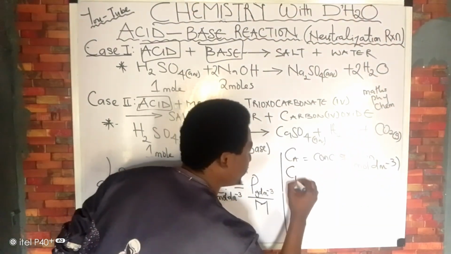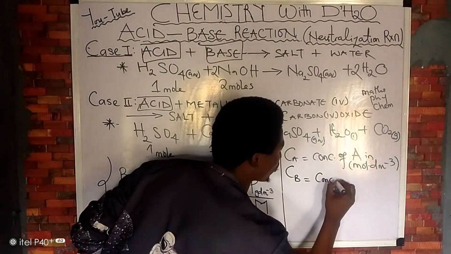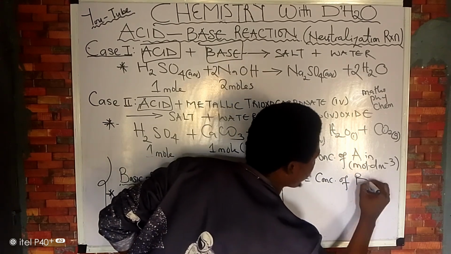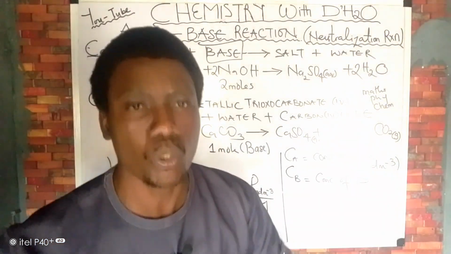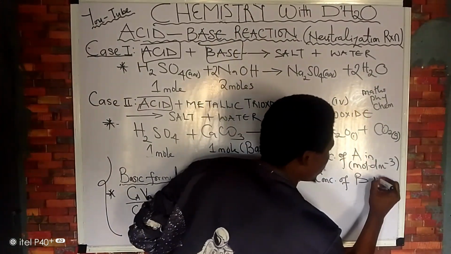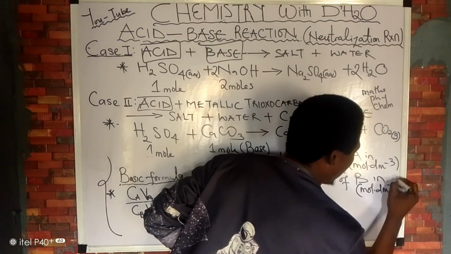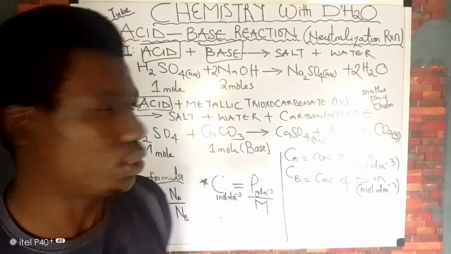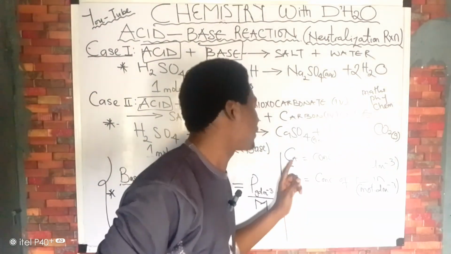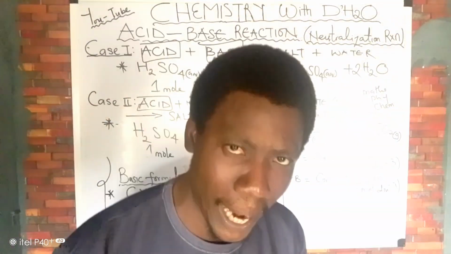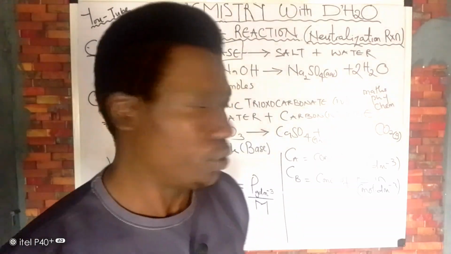So if I have Cb, it is called the concentration of B, which is the concentration of the base in mole per dm cube. Are we together? So it must be noted that Cb and Ca stand for the molarity of the acid and the base.